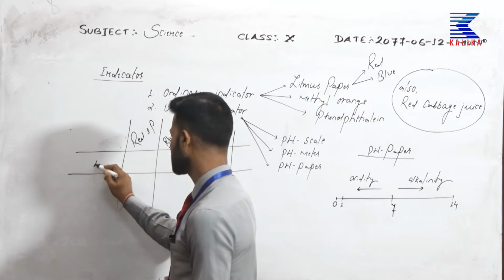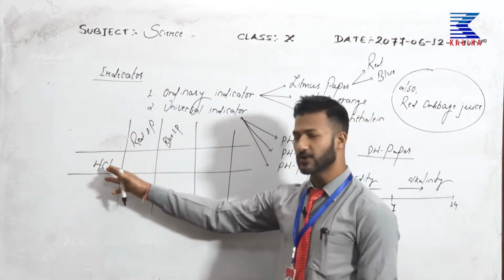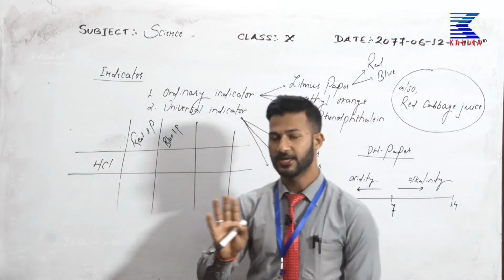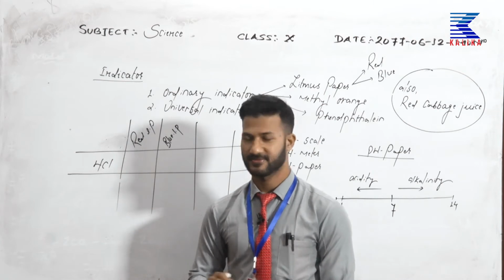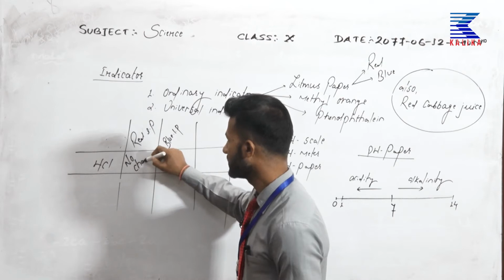HCl is one of the strongest acids, I said already. See here, whenever hydrochloric acid is treated with red litmus paper, there comes no change. No change in color means no effect.